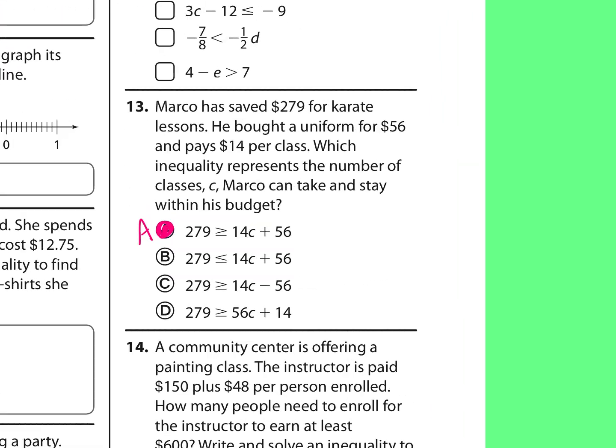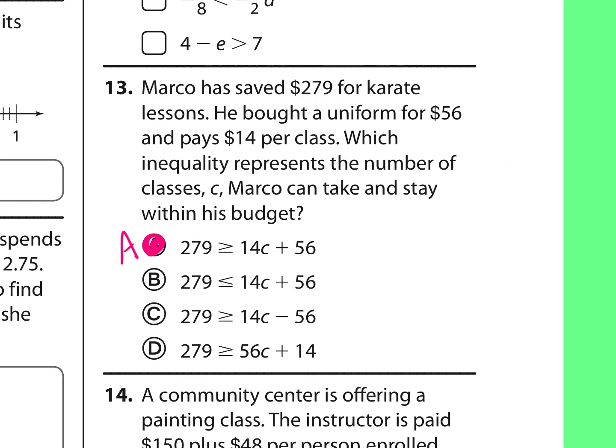Our last problem, number 13. Marco saved $279 for karate lessons. He bought a uniform for $56 and pays $14 per class. Which inequality represents the number of classes C Marco can take and stay within his budget? Okay, well, he saved $279, so that's his budget.